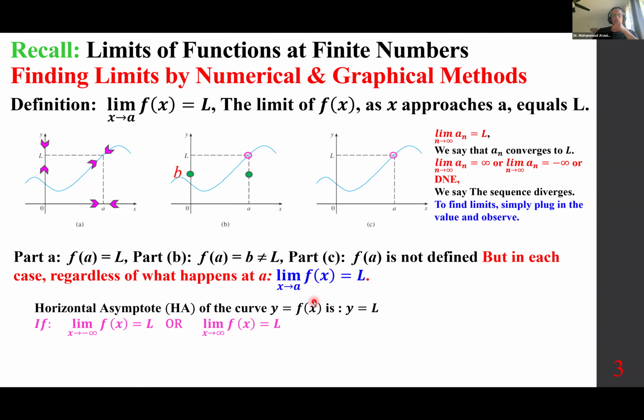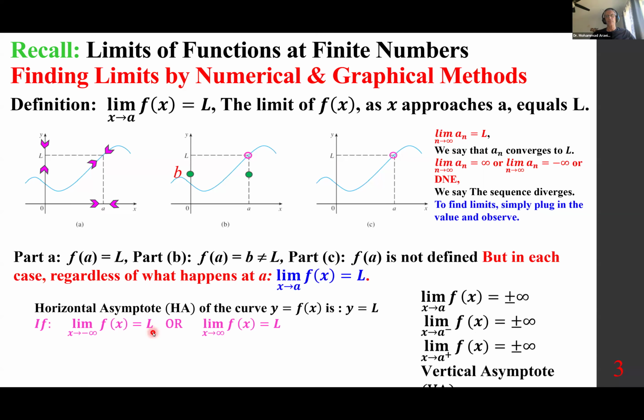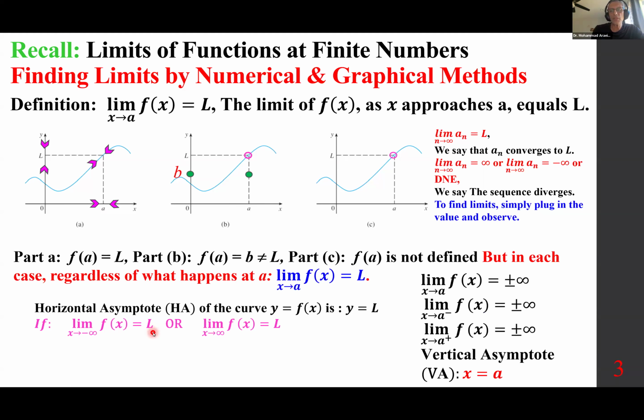Horizontal asymptote of a curve y equals f of x has the equation y equals L if the limit of f of x as x approaches negative or positive infinity is L. And if the limit of f of x as x approaches a, or a from the left, or a from the right is either negative or positive infinity, then the equation x equals a represents the vertical asymptote.